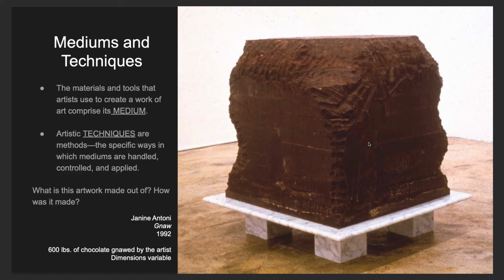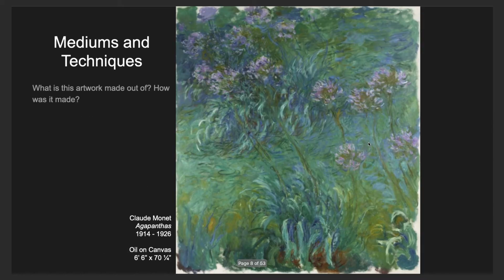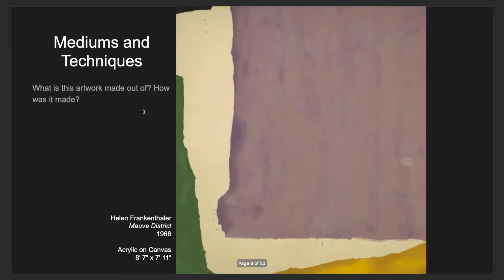That is the technique. So for Monet, the medium is oil on canvas, and then the technique is flowy, organic lines, very dreamlike, very soft and cool colors.